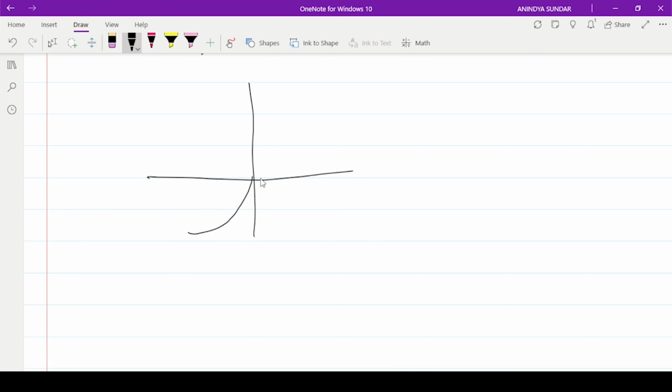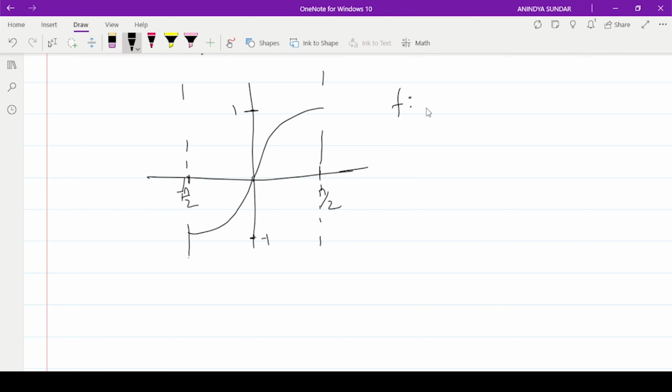So this is from minus pi by 2, that is minus 90 degree, to plus 90 degree, and this is 1, this is minus 1. So now this is a new function, but with restriction.